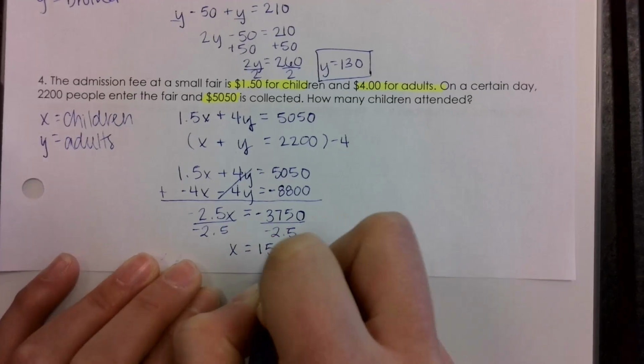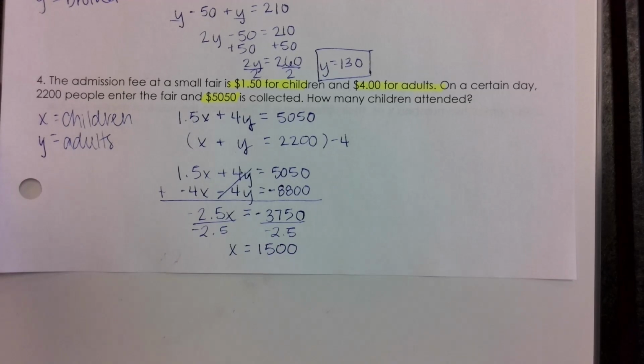You're smarter than your calculator. We know that negative divided by negative is what? Positive. Can you have negative 1,500 children? Can we have negative 1,500 children?